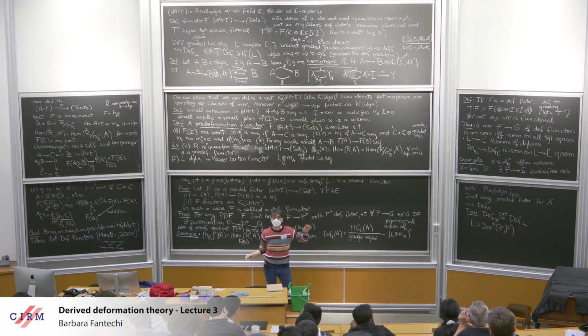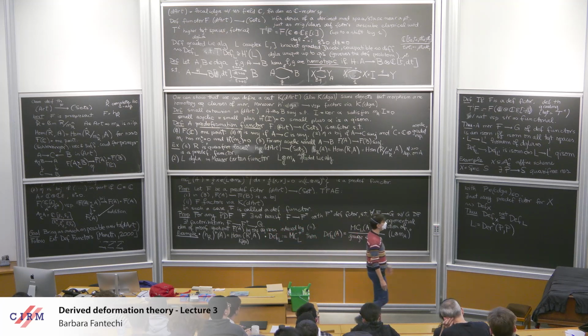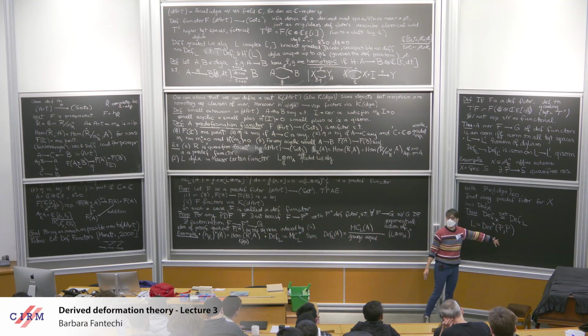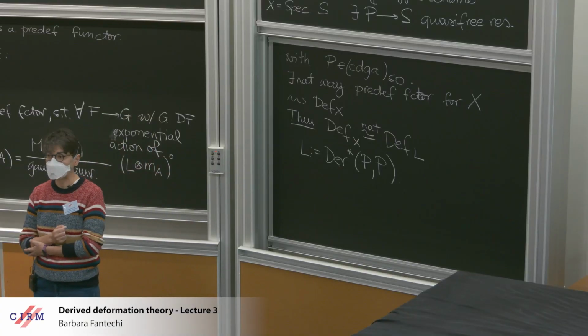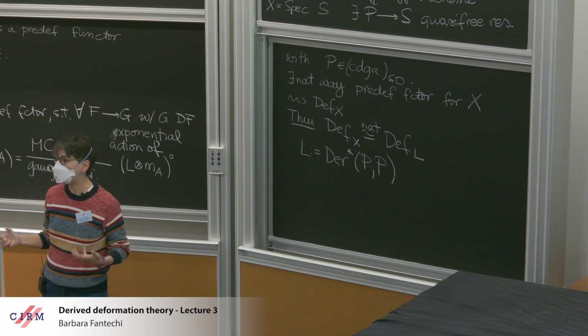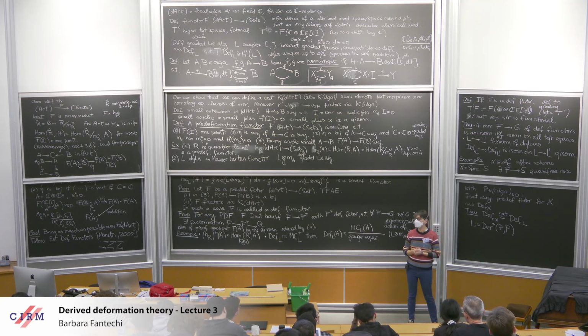So this is the general picture, and on Thursday we will see more examples of such differential graded Lie algebras, and we will mention that in fact differential graded Lie algebra is a strong assumption, and we can associate deformation functors to weakenings of the condition.